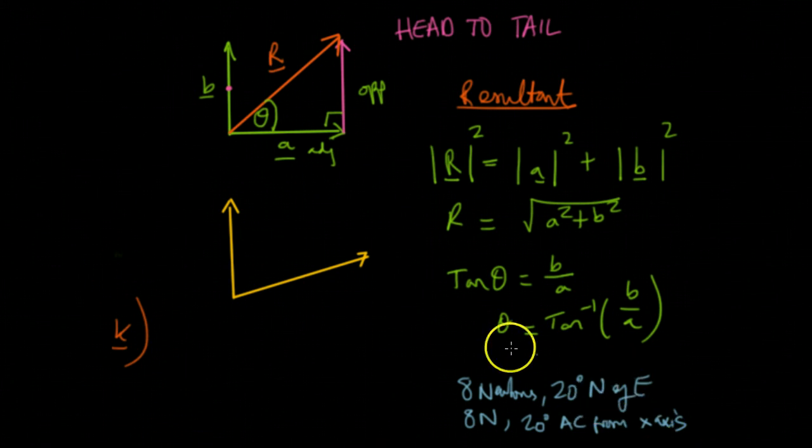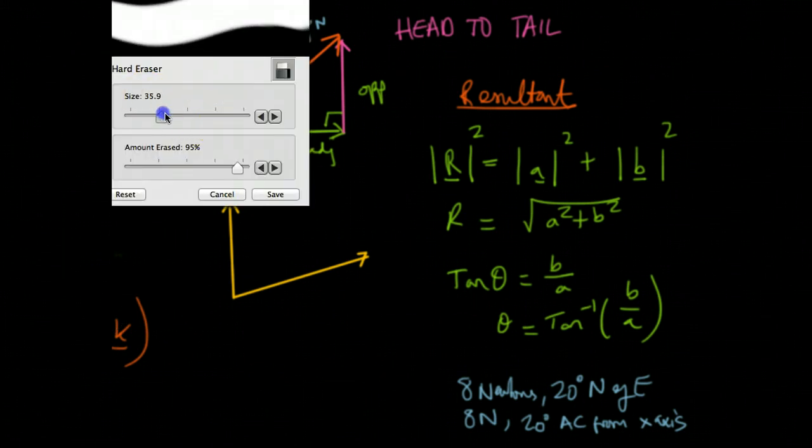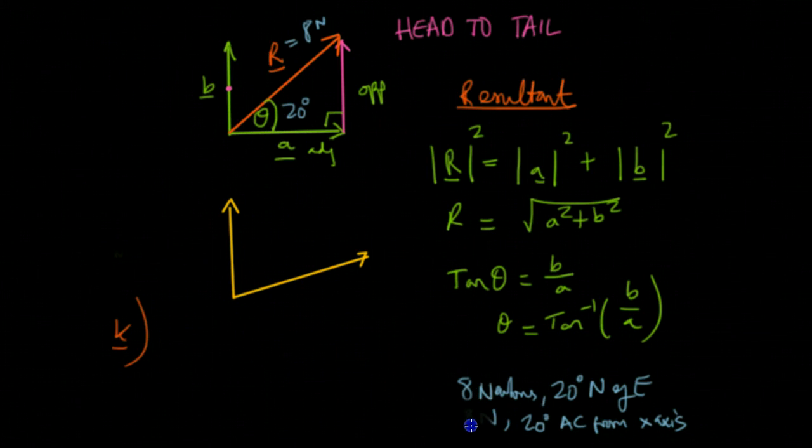Or things like that. You would basically have to define it, or you just make a diagram and you just say 20 degrees, and you just say as in diagram 8 newtons with the direction as in the diagram. That would all work. And the one that I'm least happy with, it's a bit of a fudge, I'm sorry about that. The one that wouldn't work very well would be this last one there.